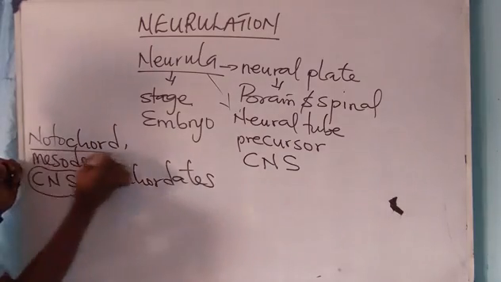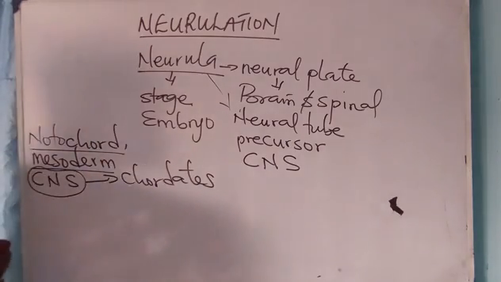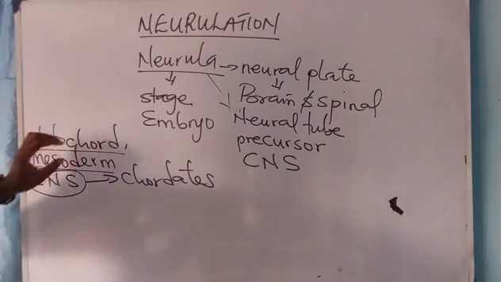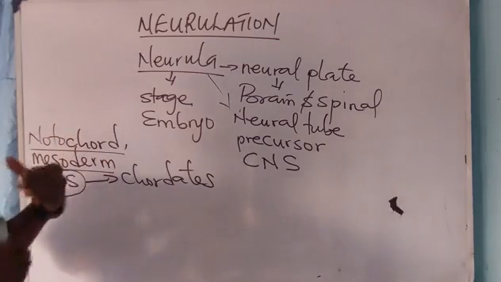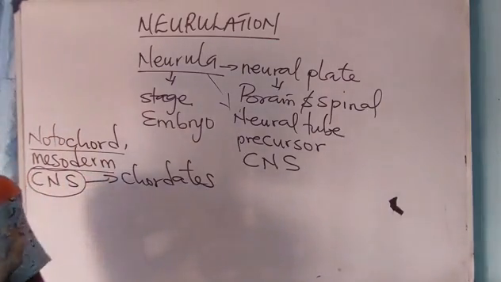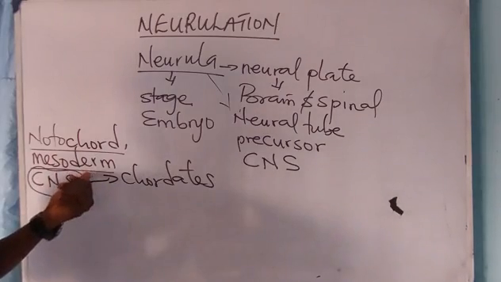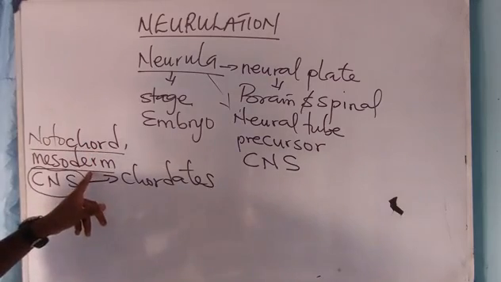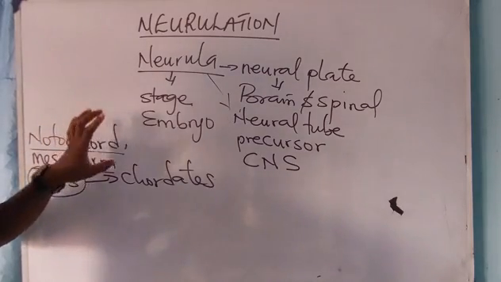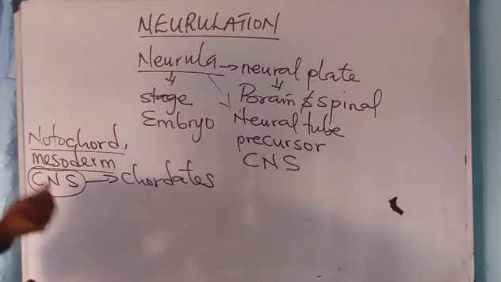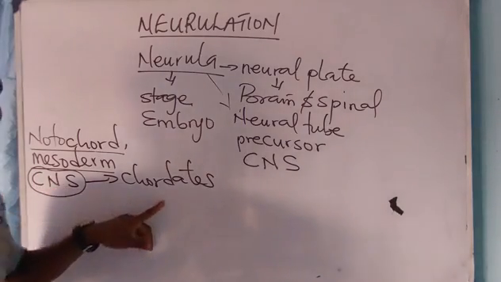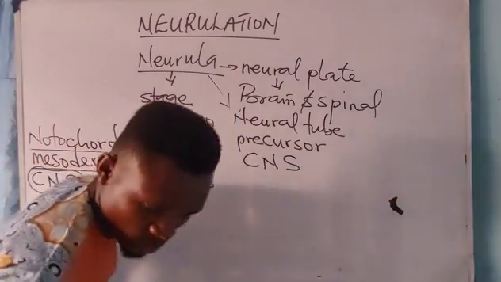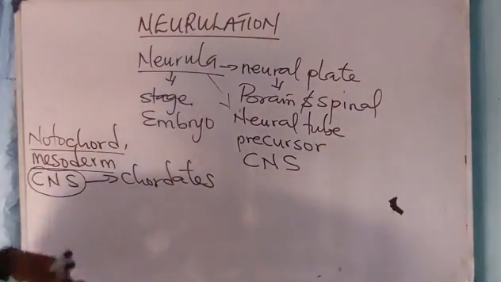But the formation of notochord and mesoderm varies from species to species. So there are certain organisms where, before the notochord is formed, it follows a different particular process, and the mesoderm is the same case. The formation of notochord and mesoderm varies from species to species, but the formation of the central nervous system is the same in all chordates.